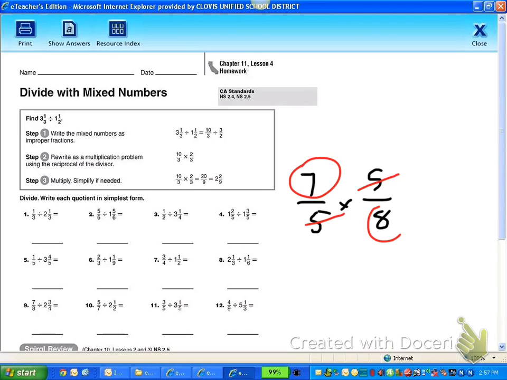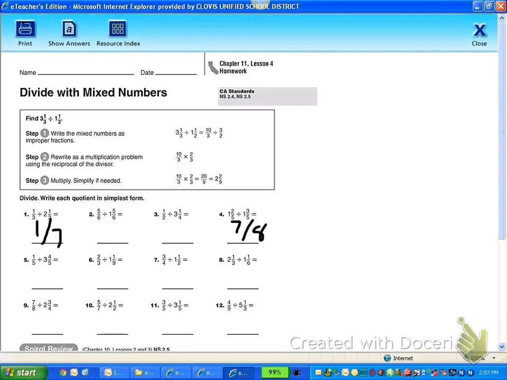So 7/8, and that's what we got for number 4. But it's hard to do that because sometimes you can't cross cancel, so I don't want them to get in the habit of trying to cross cancel numbers that they can't.